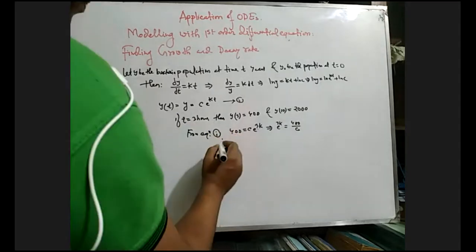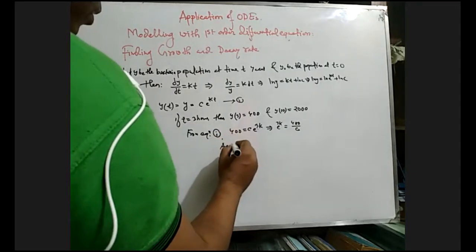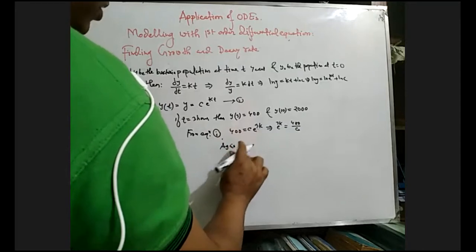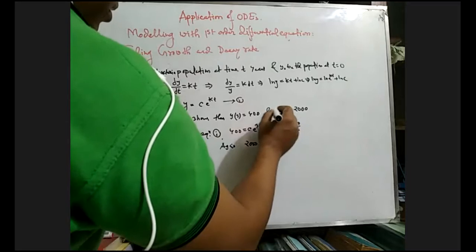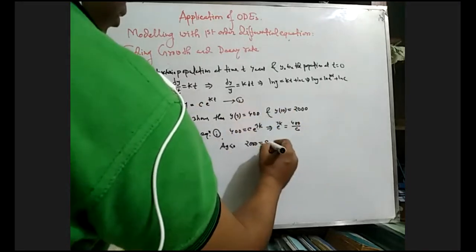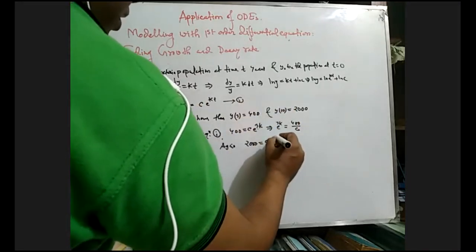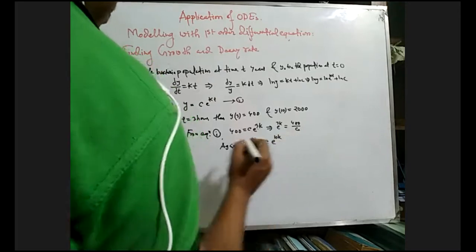Again, 2000 equals y10, c into e to the power 10k.